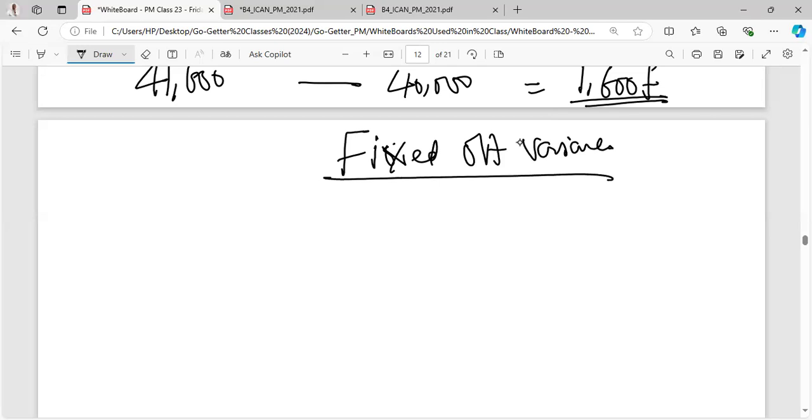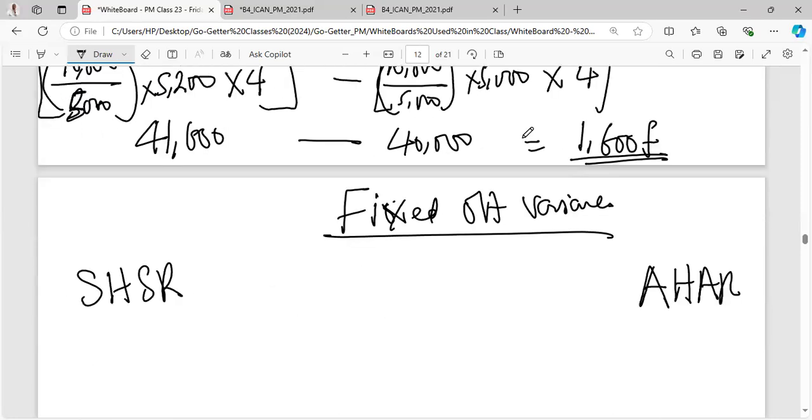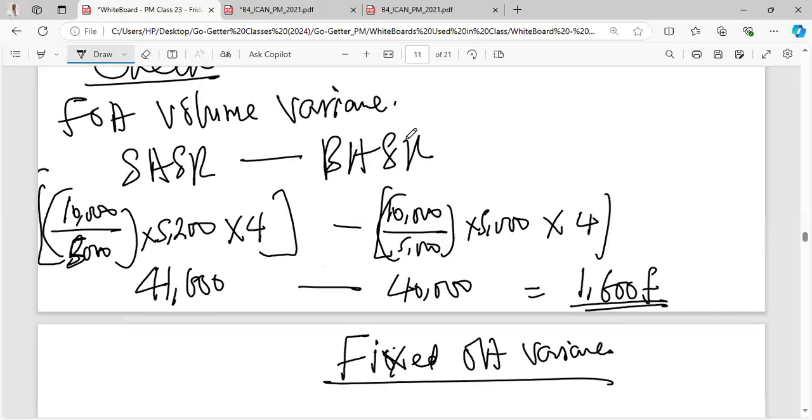So we have standard as standard rate. We have our actual as actual rate. Then this is volume.